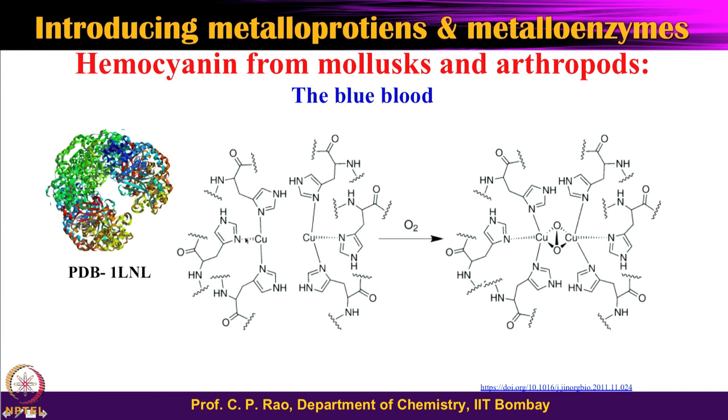Inside each subunit you have 2 copper centers, farther apart by about 3.5 to 4 angstroms or so, and each one has 3 histidines. You see 1, 2, 3 histidines here, similarly 1, 2 and 3 here, and the copper is in the copper 1 form.